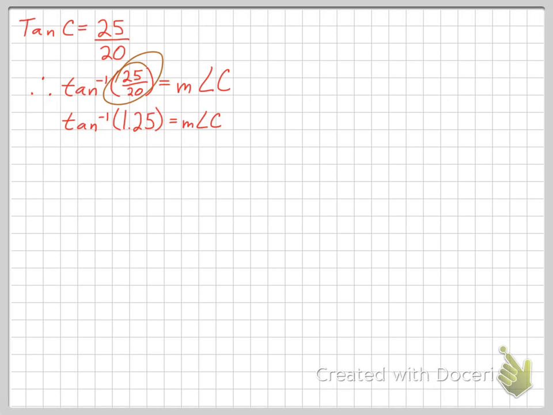And so, moving right along, I just copied that down. The tangent of angle C is equal to 25 over 20. And so the inverse tangent of 25 over 20 is going to be equal to the measure of my angle C in degrees. And so the inverse tangent of 25 over 20, 25 over 20 is 1.25.